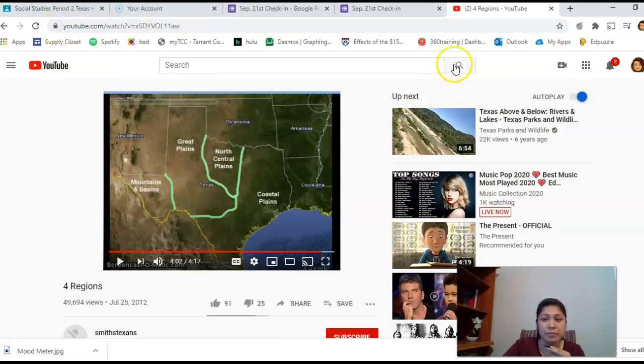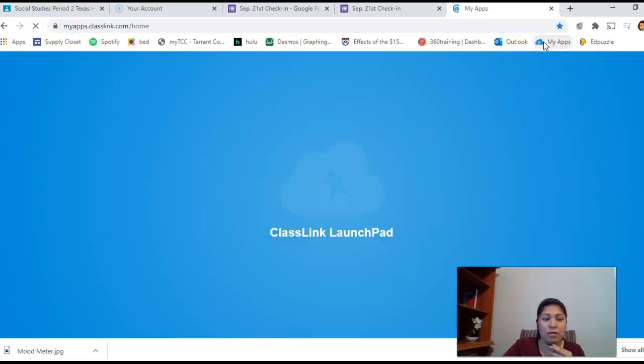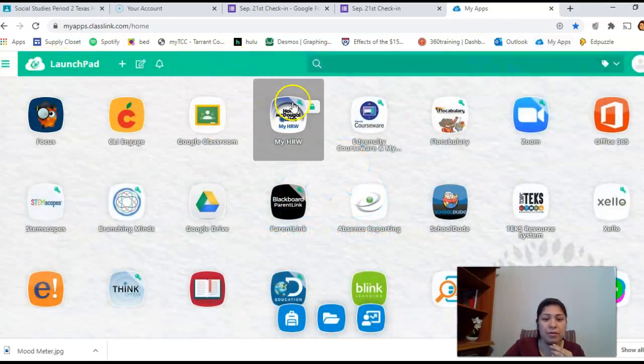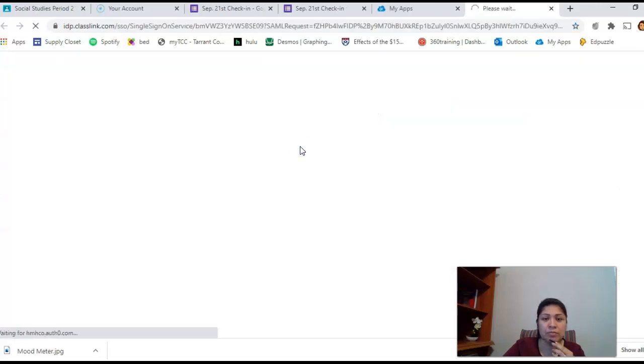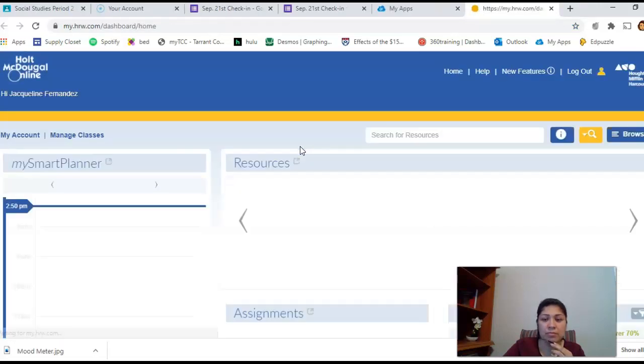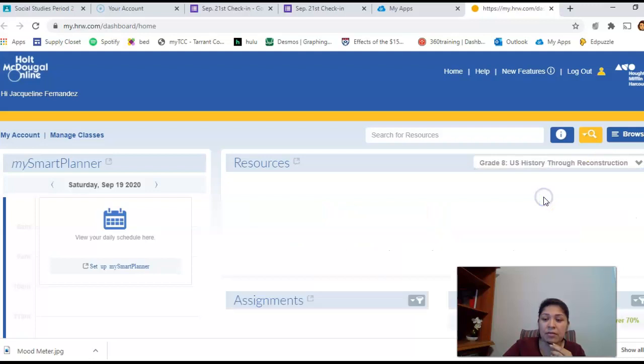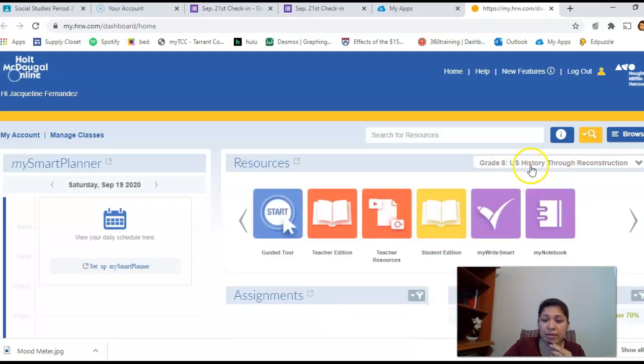Again, your textbook can be accessed right here, My HRW. Make sure it's Texas history or my first period, U.S. history, 8th grade. So make sure you're on the correct grade.